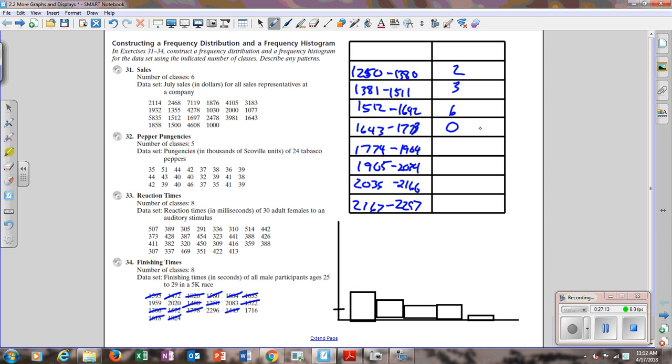Well, there was one for the last one. It's 4.